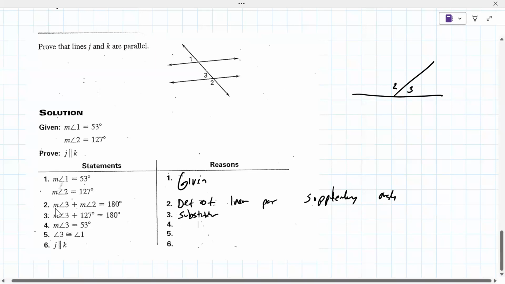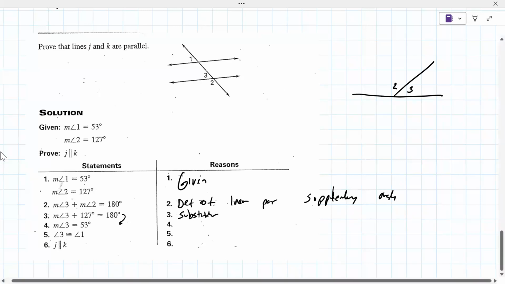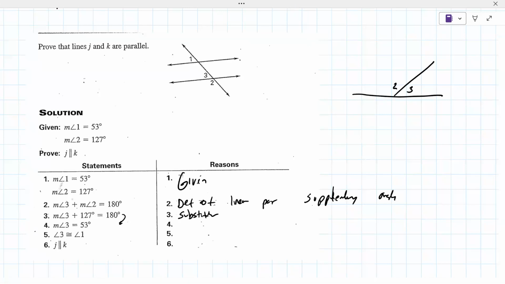Now, what's the difference between line 3 and line 4? Like, what do you notice as the result of it? The measure of the 53 is the same as the first one.